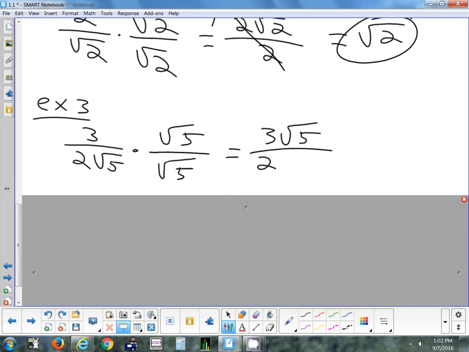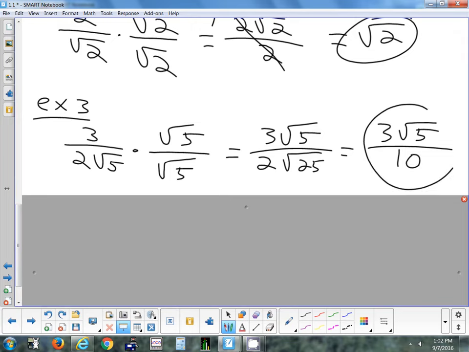Yep, square root of 25. Okay, I don't see really anything we can do in the top because we have a prime number for that root, so we can't break it up. But in the bottom, we've got 2 times the square root of 25, which is how much? 10. Right.